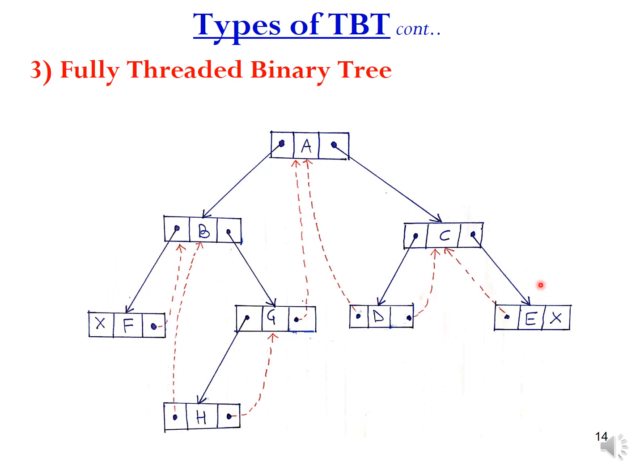In the same way, the rightmost node, that is E, does not have any in-order successor. We will discuss these two cases, the right null pointer of node E and the left null pointer of node F, when we discuss the dummy node.